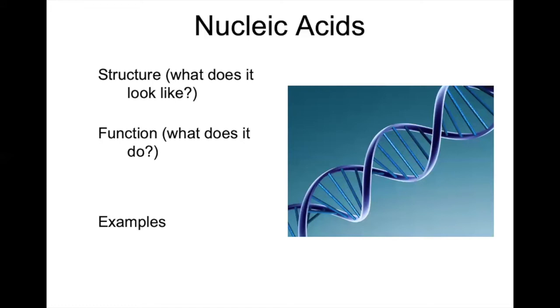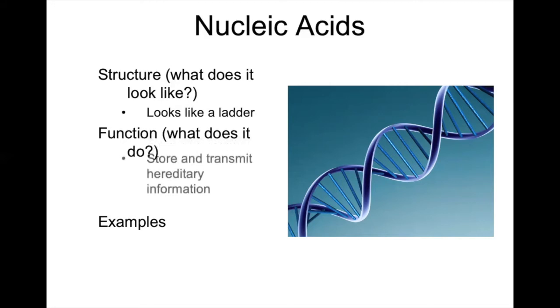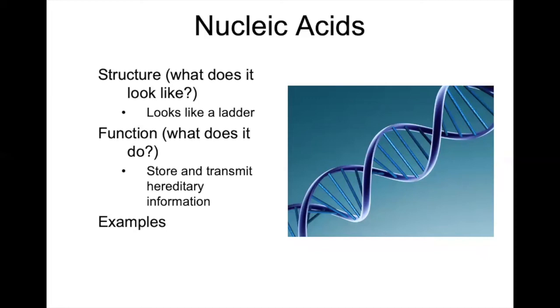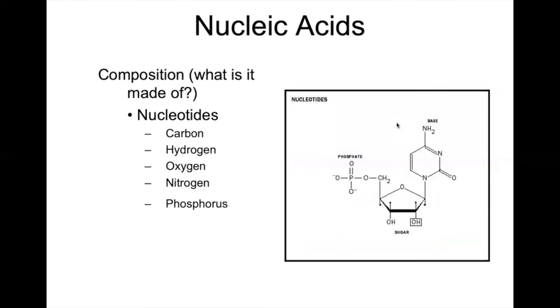Examples of nucleic acids. We are really going to talk about 2 of them. Oh, sorry, structure first. Structure is going to look like a ladder, a twisted ladder in your DNA. And function is to store and transmit hereditary information. Store, meaning all of this is just a very lazy way of drawing that nucleotide.